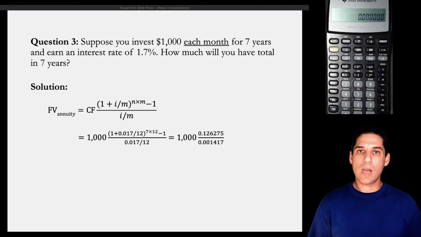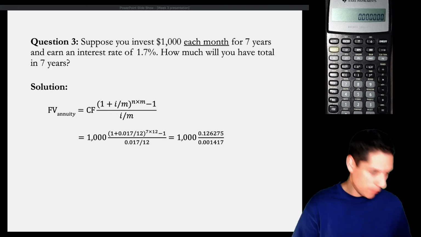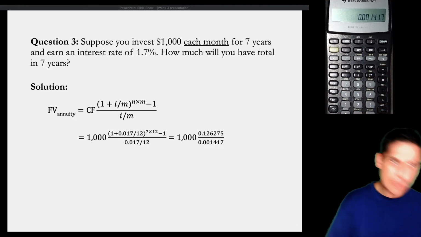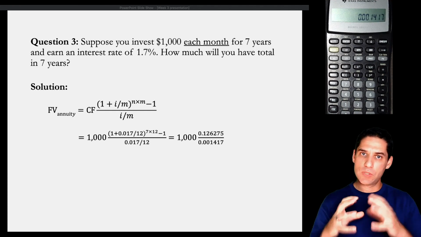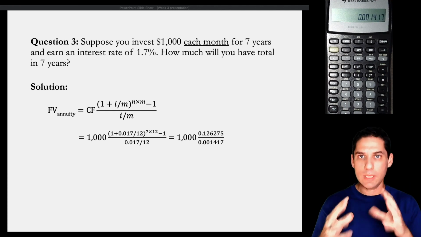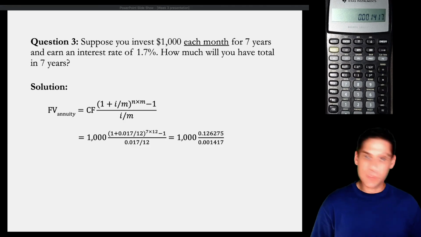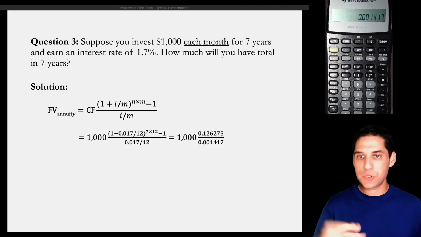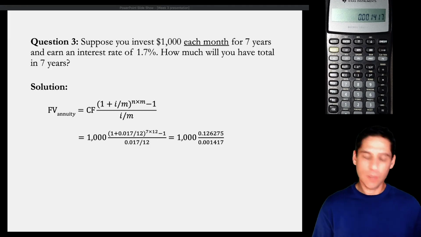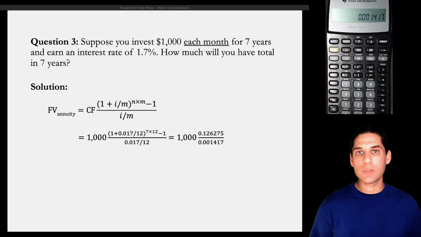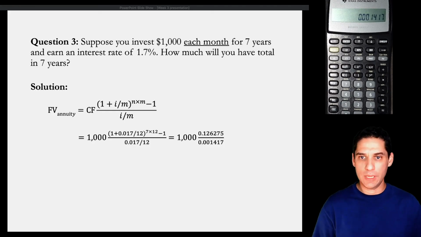Let me now show you how to do this in the calculator. I will start with the term in the parentheses, which here is in the numerator. So I will do 0.017 divided by 12, which is the monthly interest rate. And since our cash flows are monthly, we need the interest rate to be also compounded monthly. Since I will need this number twice, once in the numerator, once in the denominator, I will store this in STO 1 in the calculator so I can recall it later when I need it in the denominator.